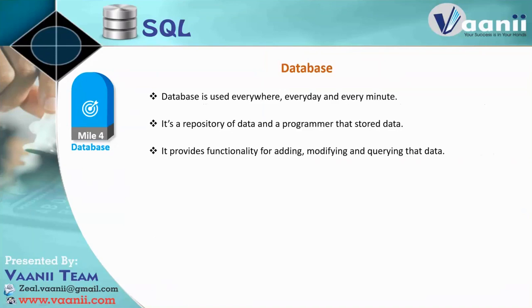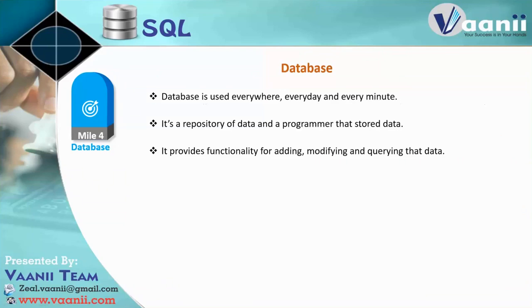But let's see how it is similar to Excel sheet. Like I have shown you in the prior slide, that we were just storing the data in tabular format, and in same way we can store in Excel sheet as well. But how data gets stored in the Excel sheet?